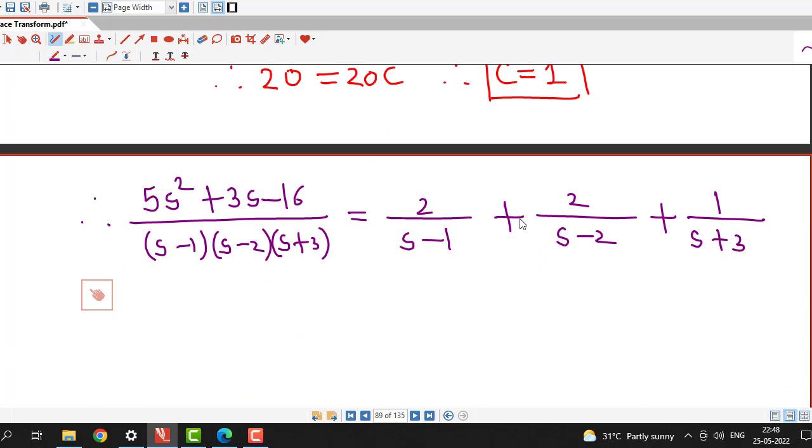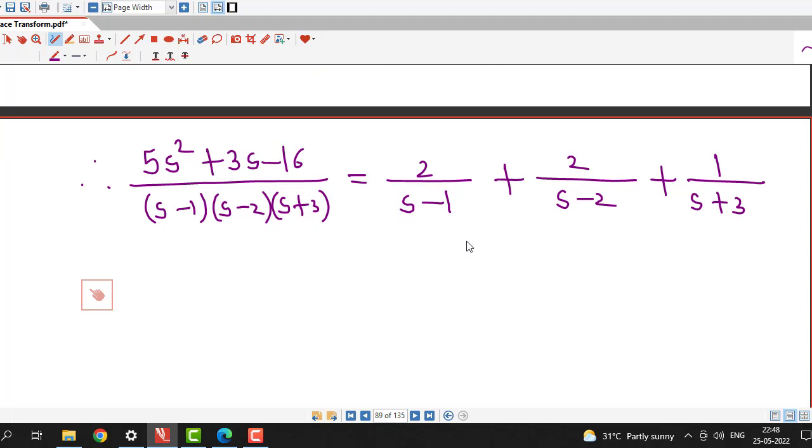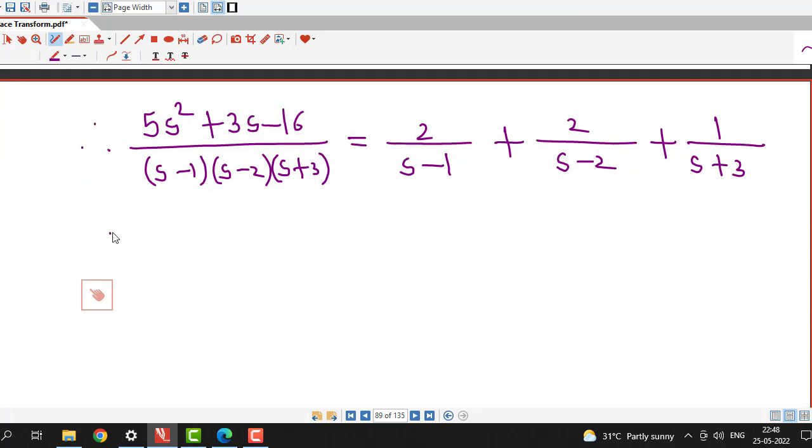Okay, fine. So we have converted this function in terms of simple functions whose inverse Laplace transform formulas are known to us. So now we take inverse Laplace transform on both sides.